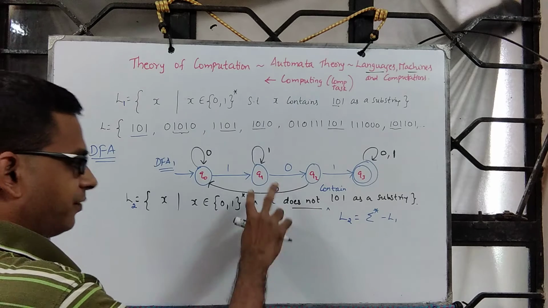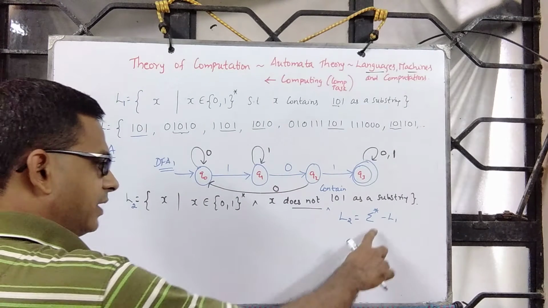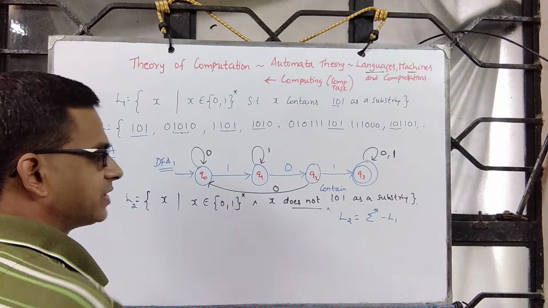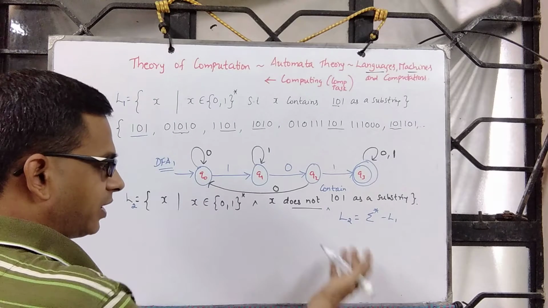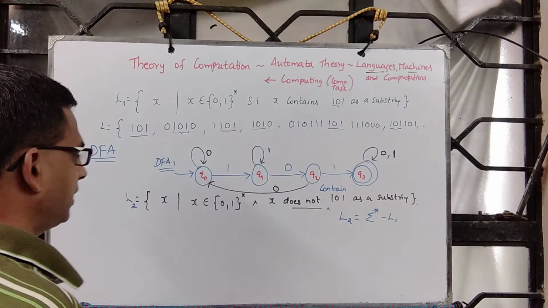Now that we have motivated this problem from two perspectives, this also tells you L2 is simply sigma star minus L1, or L2 is the complementary language to L1.